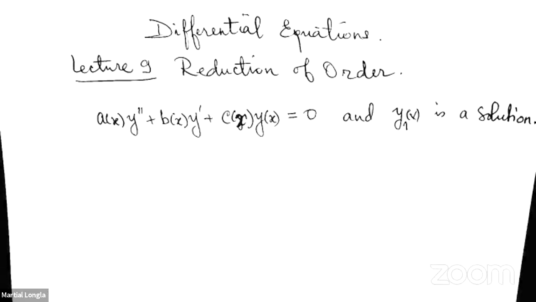So you know one solution of the equation, called y1 of x, and the equation is of the given form.